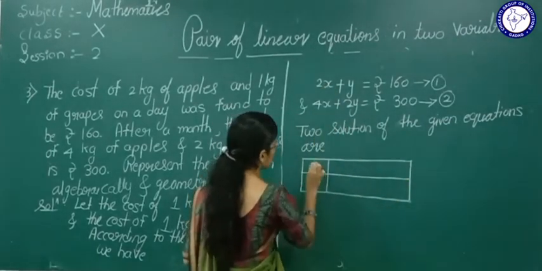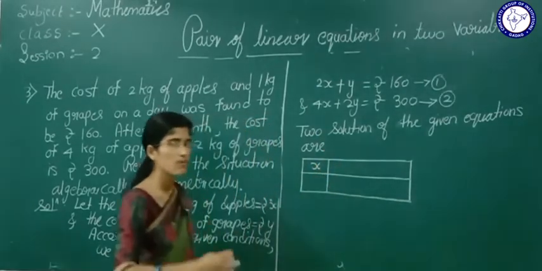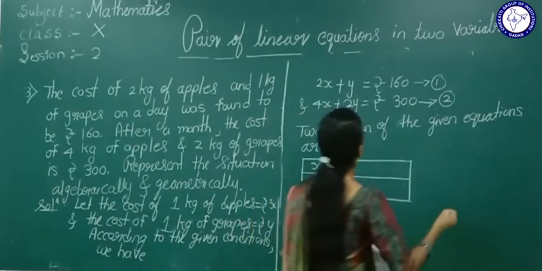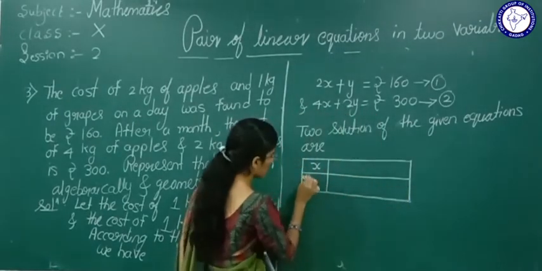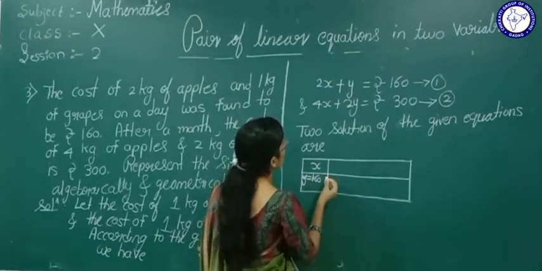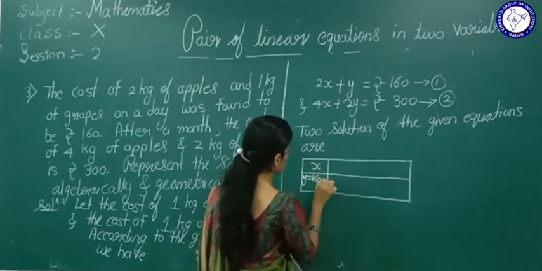We are going to put the value of x and get the corresponding values of y. From here y is going to be 160 minus 2x.